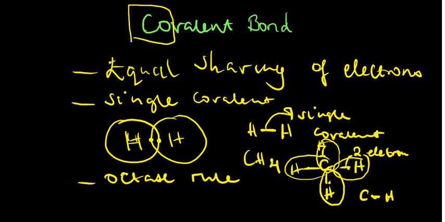The octet rule is that this carbon should have a maximum of 8 electrons in its outermost shell. As you all know, carbon has 4 electrons in its last shell, so it needs 4 more electrons. These other electrons will be donated by these hydrogen atoms that you can see here, which means it would have completed its octet rule already.